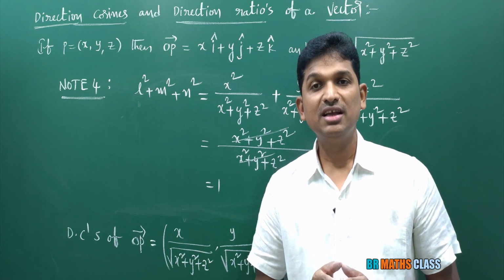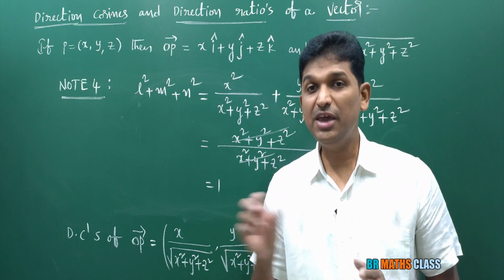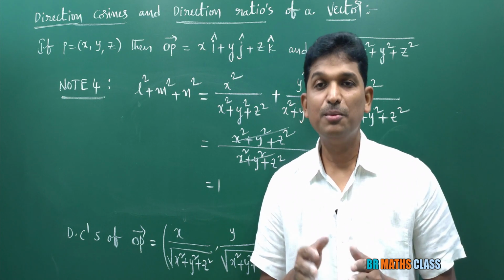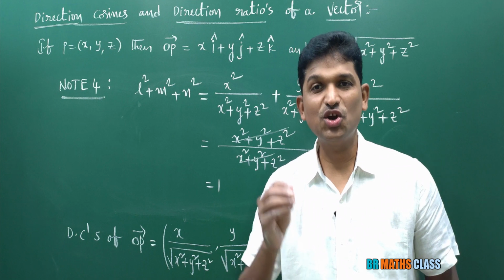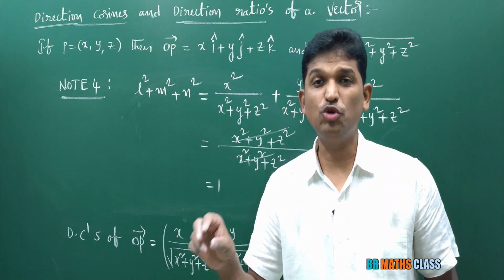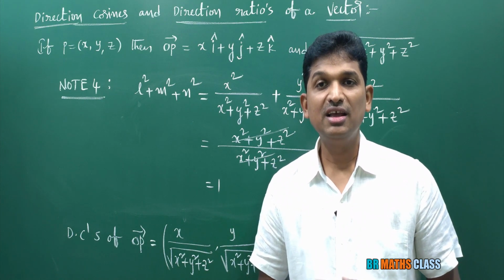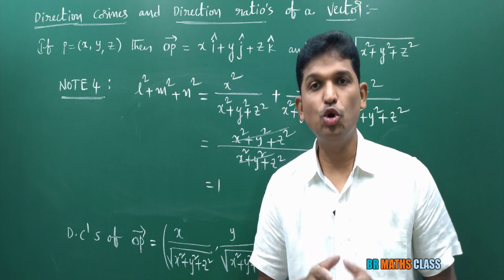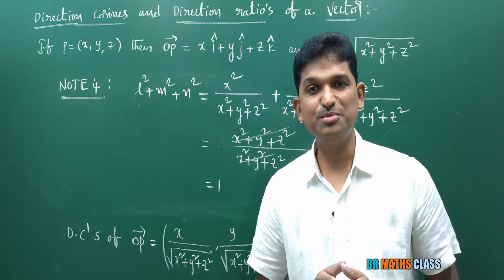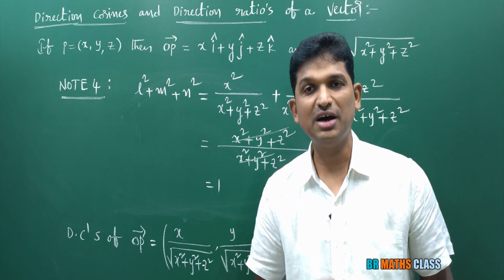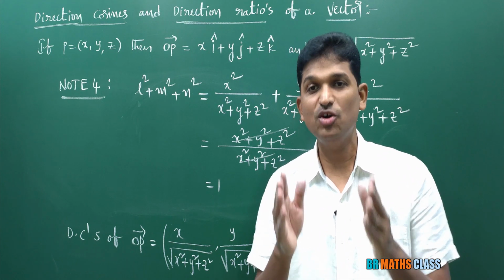And the direction cosines of PO bar, minus cos alpha, minus cos beta, minus cos gamma, are known as direction cosines of the vector PO bar. The direction cosines of a line OP are plus or minus cos alpha, plus or minus cos beta, plus or minus cos gamma.